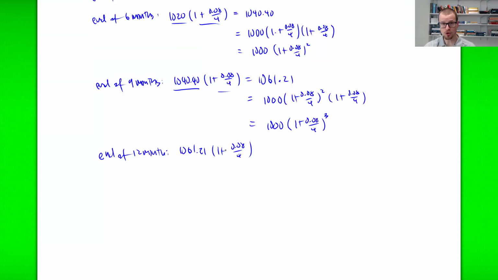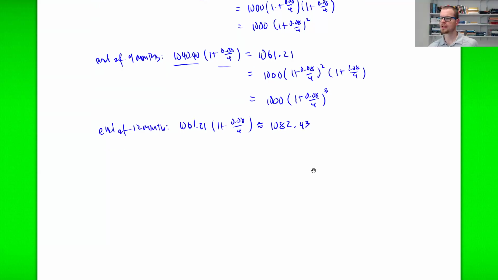We're moving it forward through 3 months. Simple interest computation here. And that's going to be $1,082.43. It's actually approximate. So 43 cents. There we go. So that's some rounding occurring.